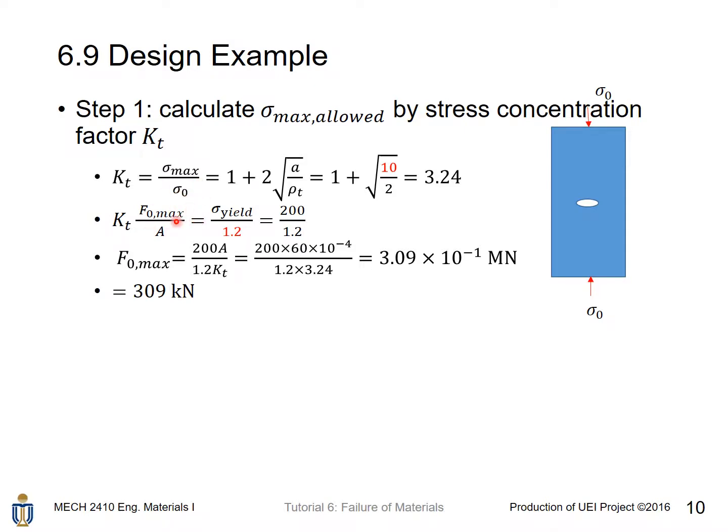Therefore, the maximum allowable applied force is given by this equation. As we know, the maximum allowable applied normal force over the cross-sectional area, which is also given, is equal to the maximum allowable applied stress. We just plug in numbers and we can get the values. Also be careful that A is in terms of cm square, so we must convert it into m square.